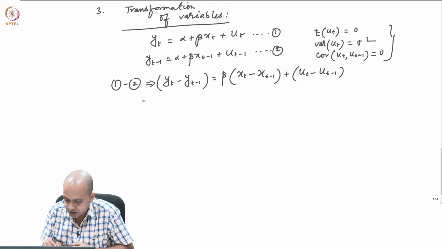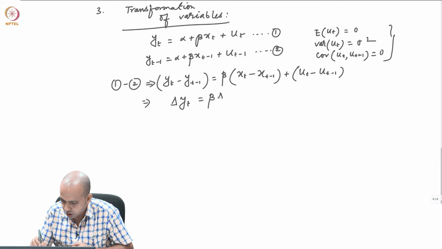So, I can say that delta y t equals to beta into delta x t plus delta u t.